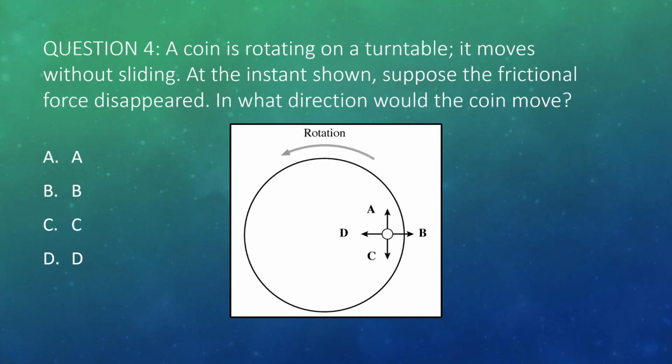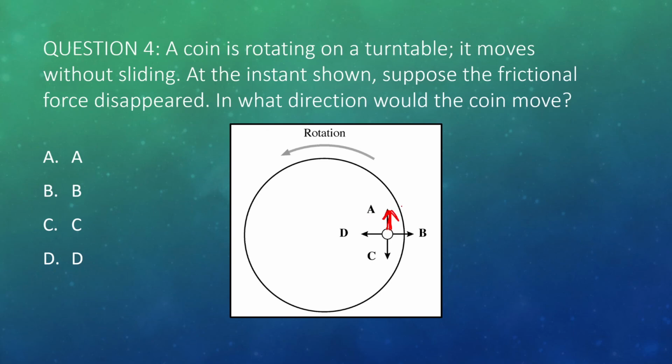And last but not least, a coin is rotating on a turntable again that moves without sliding. At the instant shown, suppose the friction force suddenly disappeared. Which direction would the coin move? Okay. Well, we just said in our previous example that the velocity is upward.